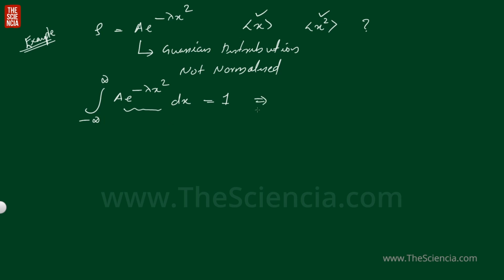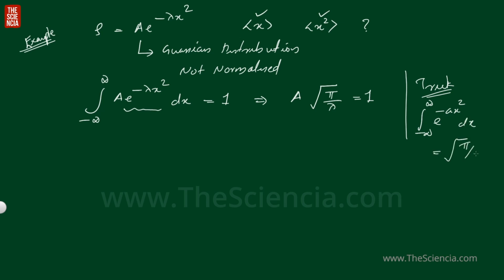The trick is, the integral from minus infinity to infinity of e raised to minus a x squared dx is equal to root pi by a.